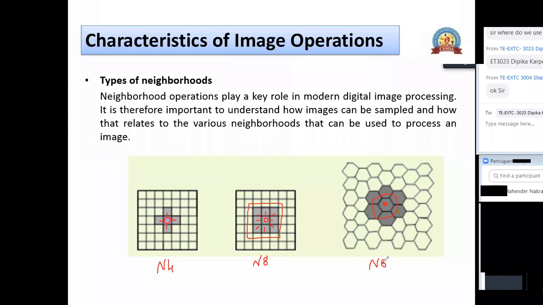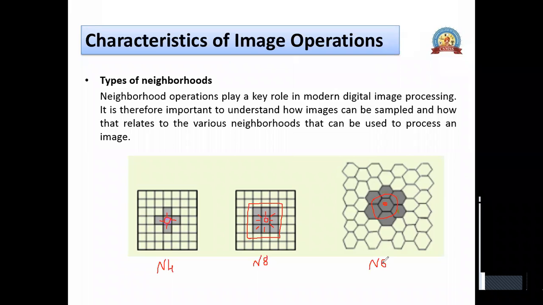So when we are doing local operations, at that time these neighbors are important. We need to define what will be our local pixels on which operations will be performed. If we take N8, and we indicate the center pixel by I, so we can say I minus neighbor 1 minus neighbor 2 plus neighbor 3 plus neighbor 4, something like this.